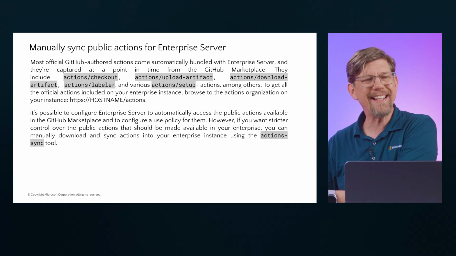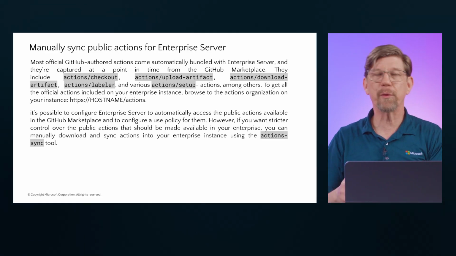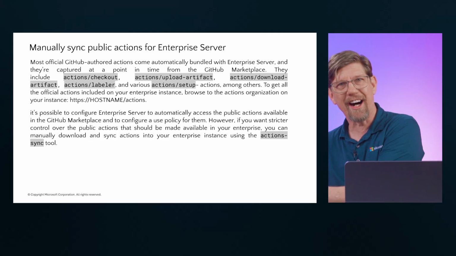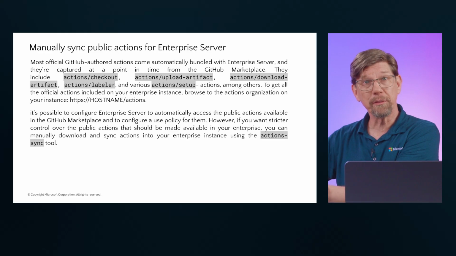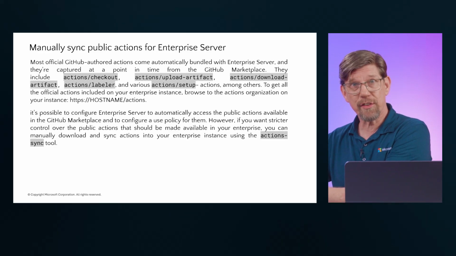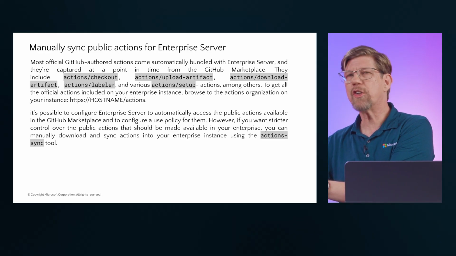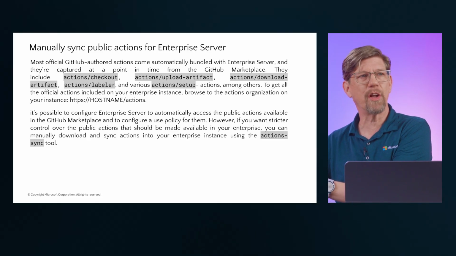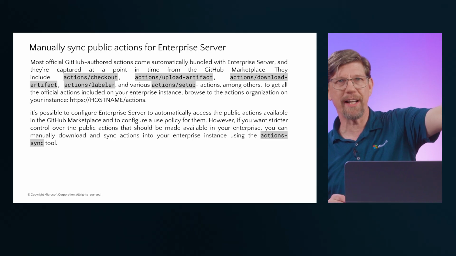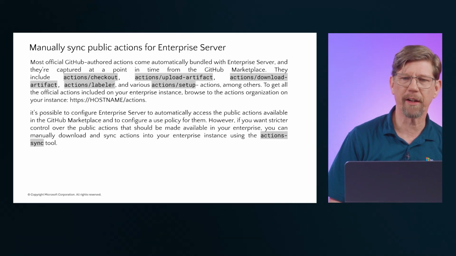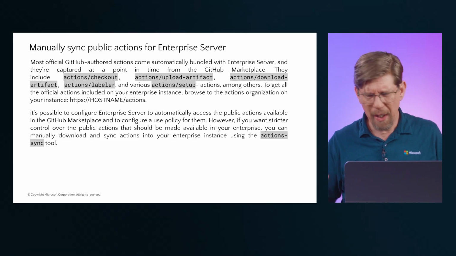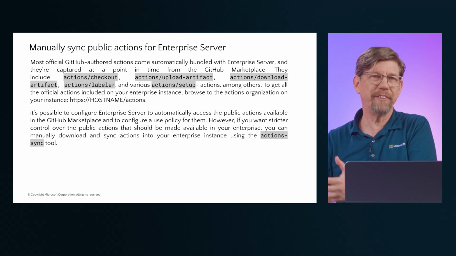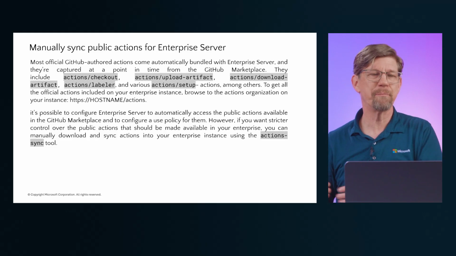So you are free to continue to use checkout or upload artifact or download artifact. Those are already on the server. However, the update to that is going to be a little bit more periodic. It might be a little bit slower to get the latest updates for what are housed on github.com. So that's kind of the trade-off. When you isolate yourself, you end up a little bit isolated.